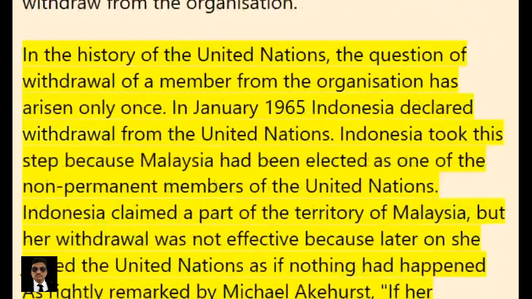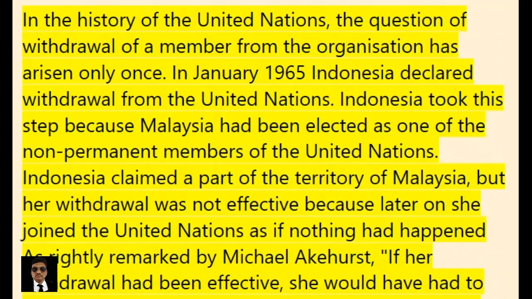In the history of the United Nations, the question of withdrawal of a member from the organization has arisen only once. In January 1965, Indonesia declared withdrawal from the United Nations. Indonesia took this step because Malaysia had been elected as one of the non-permanent members of the United Nations.